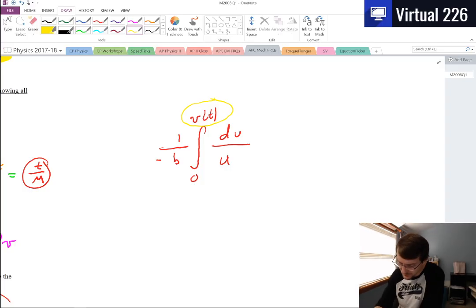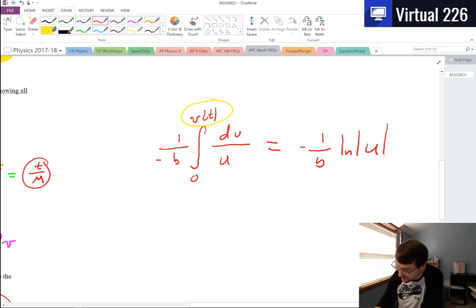But when we integrate this, the integral of du over u, or the integral of dx over x, or whatever variable you have, is a natural log. So what we're going to get here is minus 1 over b natural log of u, and then our bounds. What I like to do is write this as minus 1 over b natural log of, and then I dump my u term back in.